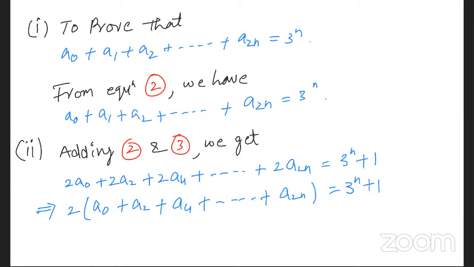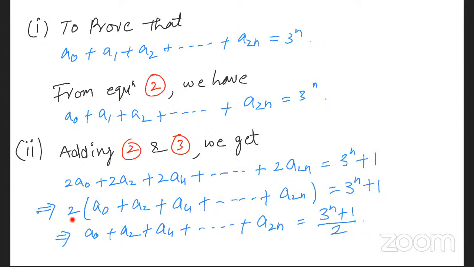We shall take this 2 to the RHS. Then this implies a naught plus a2 plus a4 plus so on plus a to n is equals to 3 to the power of n plus 1 divided by 2.